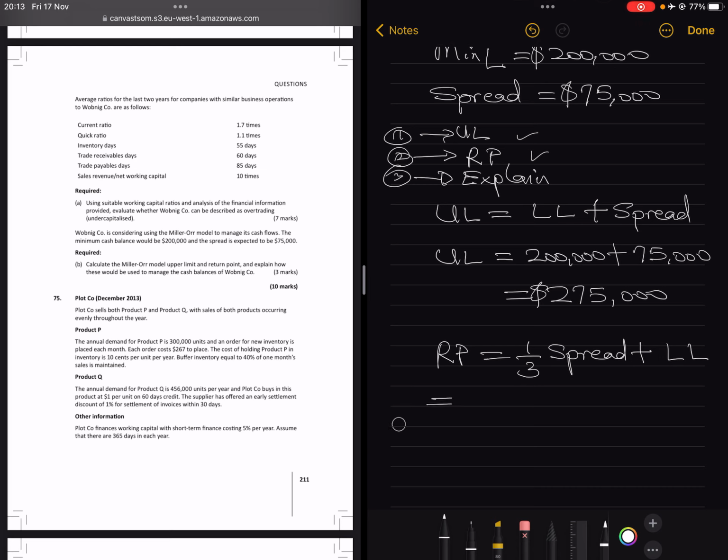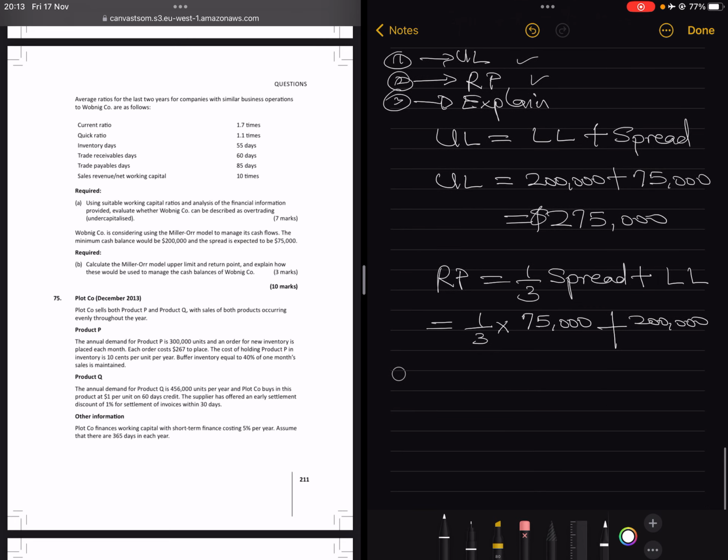So that equals 1/3 multiplied by the spread of 75,000 given, then plus the lower limit of 200,000. 1/3 of 75,000 is 25,000. So that will be equal to $225,000. That is the return point.